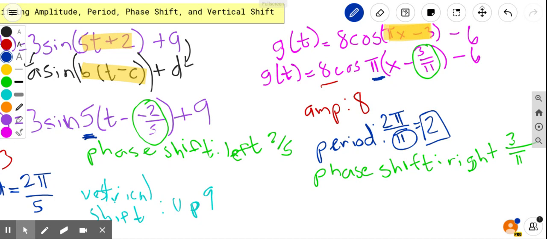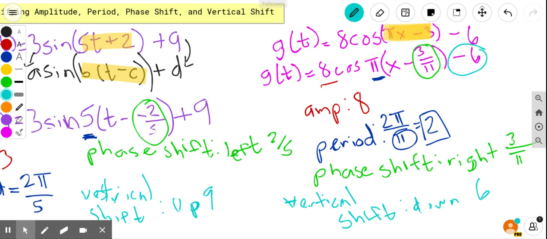Okay. And then to get the vertical shift, aka the midline, well, that's just down 6 units. Okay, so that's what I'm expecting for this.